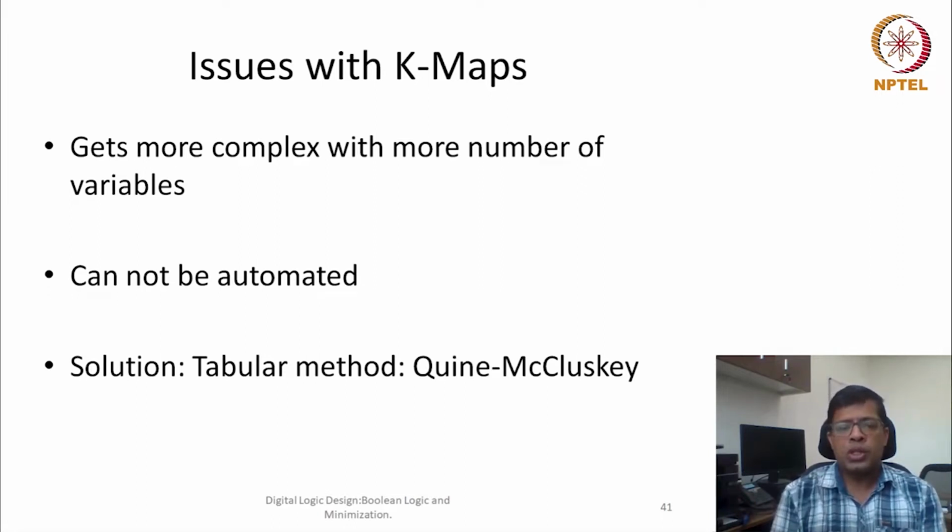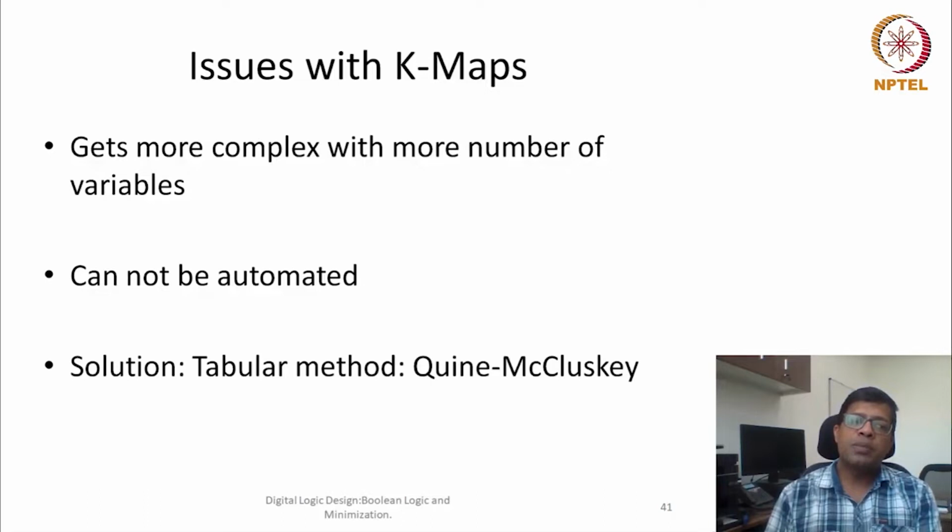Because we rely on our instincts and our visual capability to decide whether two terms can be combined or not, this visual capability sometimes is limiting, and it does not give us a foolproof method.